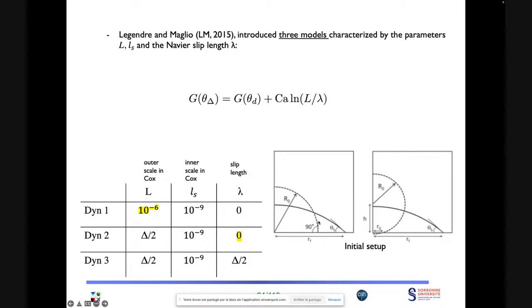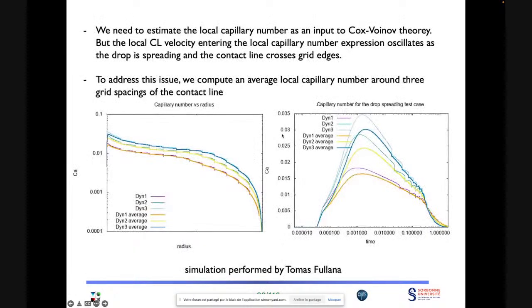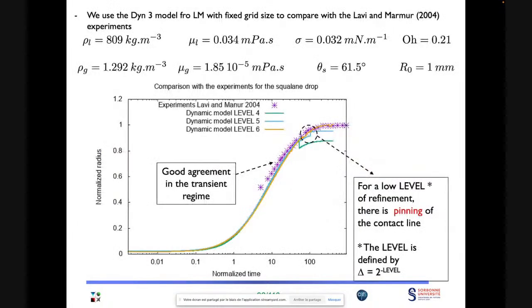and it is shown to allow converging simulations of problems such as this spreading droplet. We redid this with Thomas Fulana, and we found that in fact this leads to strong oscillations of the contact line and the velocity. So we are currently trying to improve this DIN3 model by increasing the smoothing of the slip model, a bit like what is done with the GNBC.